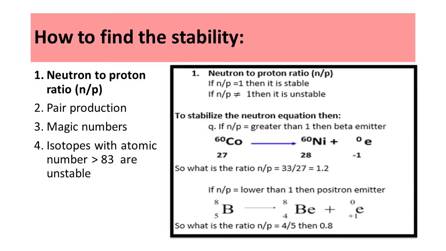How to determine the stability of an element? There are 4 ways: first, the ratio between neutron and proton; the pair production; the magic numbers; and isotopes with atomic number greater than 83. So let us begin.